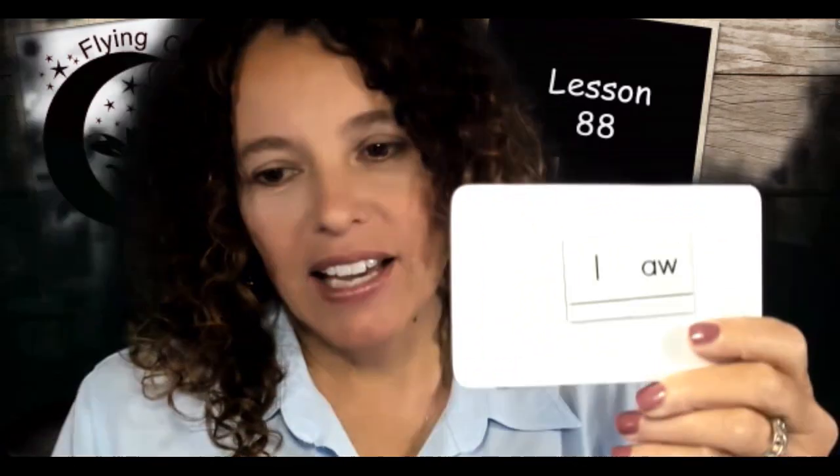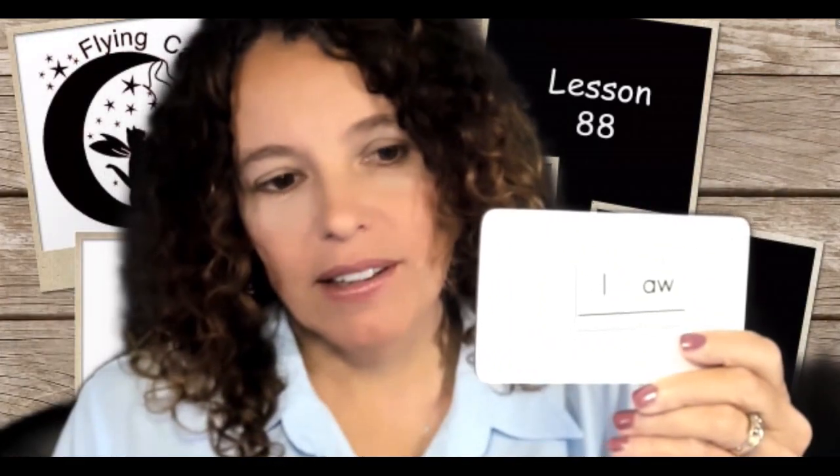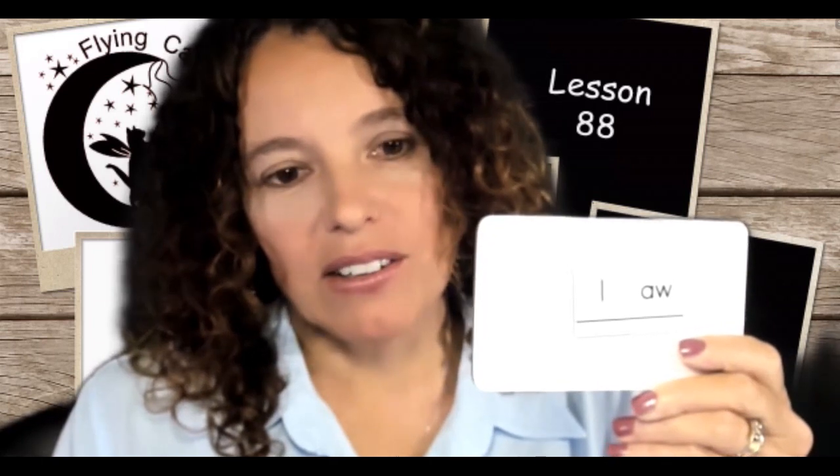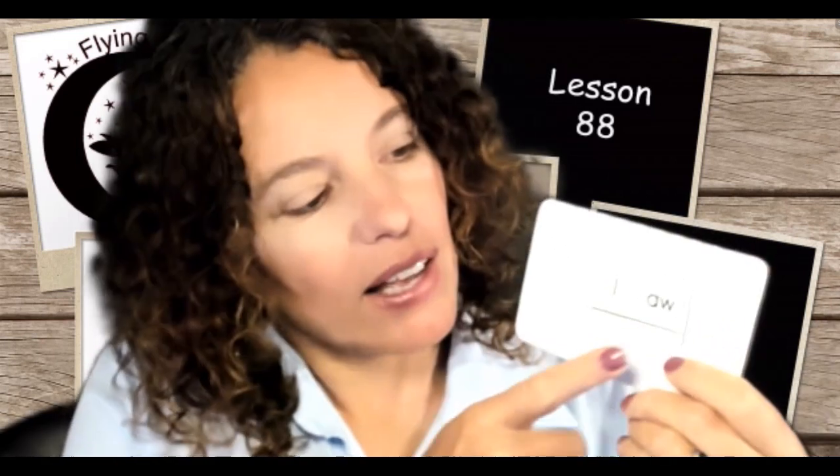So if we put this together, can you tap and say that word? That word is law. And what is the thing that we want to remember about this? It's that AW, when it's at the end. If you hear this aw sound at the end of a word, you're going to use AW. And there's another symbol that can be used in the grapheme for aw. Do you remember what it is? We have AW and AU is the other pattern.